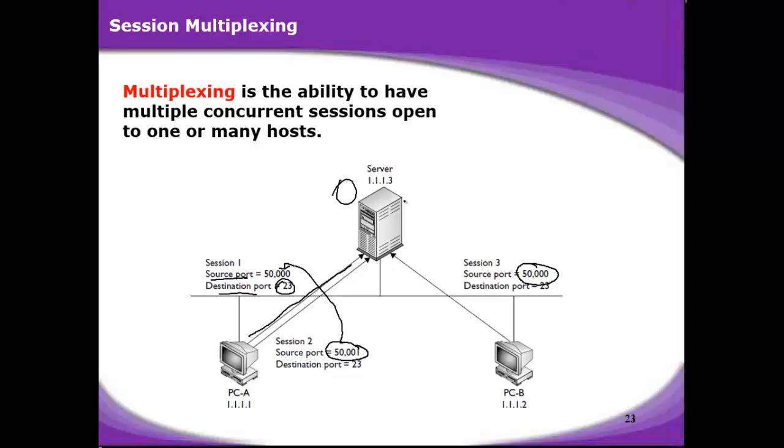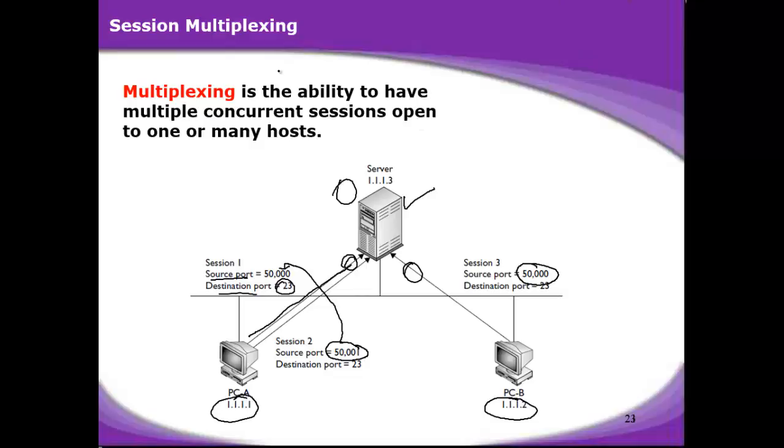So now a big question for this server is how to differentiate between this connection, which has the source port of 50,000, and this connection, also having the source port of 50,000. So now comes the role of the IP address. This is coming from a different IP address, and this is from a different IP address.